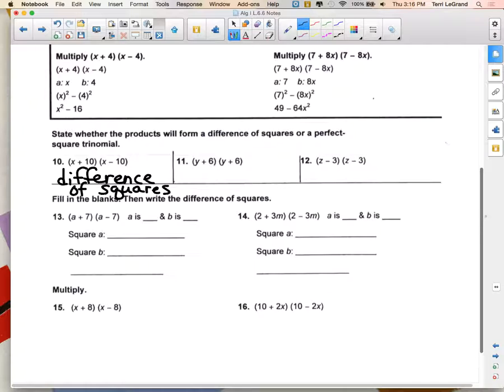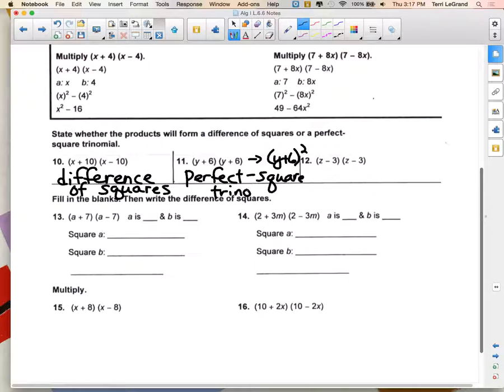How about number 11? Which model will we use for that one? Alexis? Yeah, this one's a perfect square trinomial, because it could be written like this: y plus 6 times itself, squared.